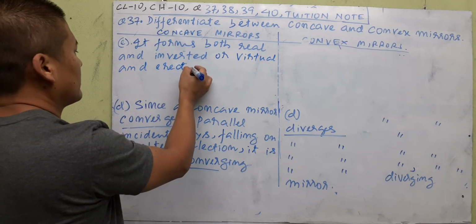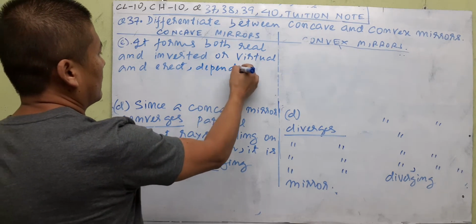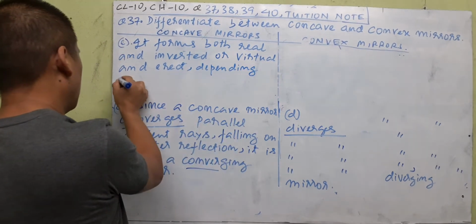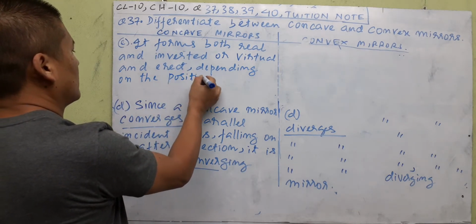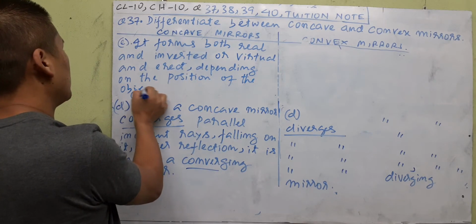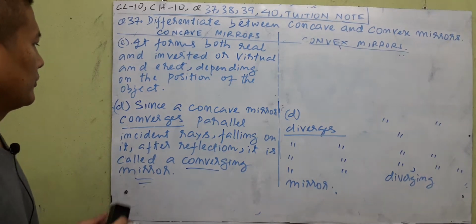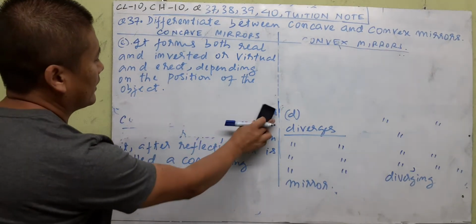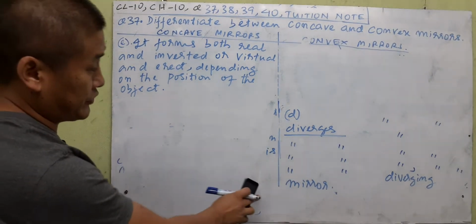Real inverted, yes. Virtual erect, yes, depending on the position of the object. Depending on where you put the object, you will get real inverted sometimes and virtual erect also possible. The concave mirror is the only mirror that can form both types of image, virtual erect and real inverted.